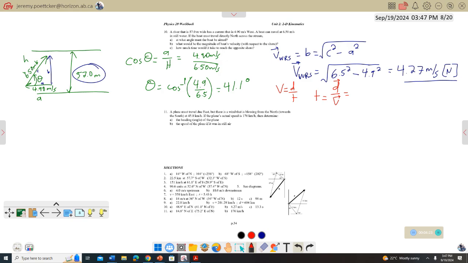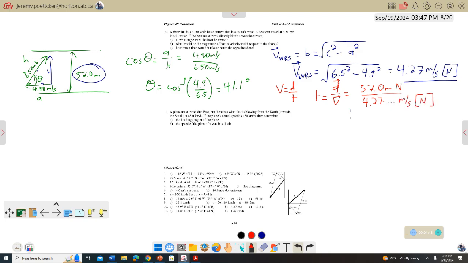Our displacement is 57.0 meters north, divided by our velocity of 4.27. Leave the unrounded value that's in your calculator, 4.2708 meters per second, also north.